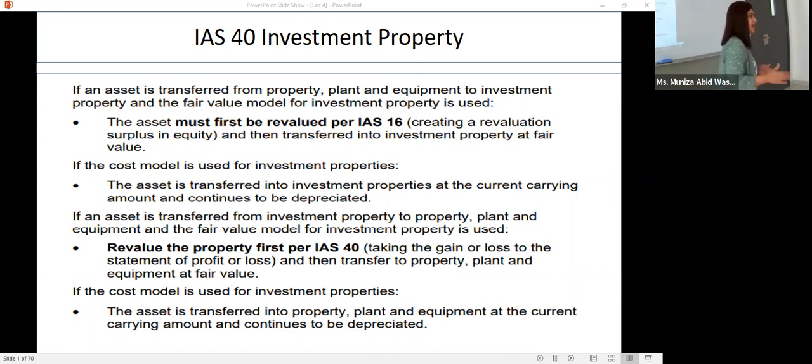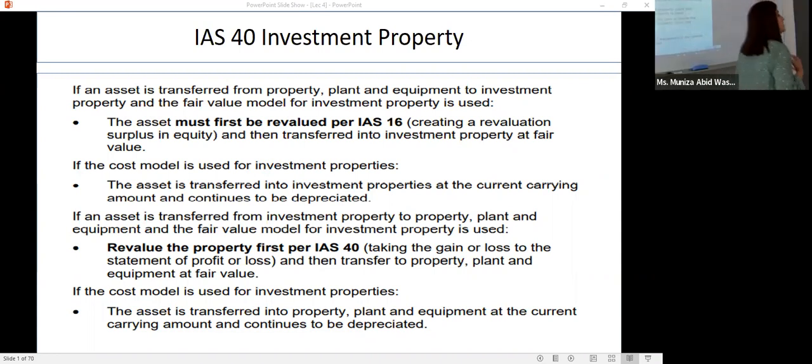So it's similar that initially we are going to measure the investment property at its cost. And under cost, what do we include? Purchase price plus all the costs which were necessary to bring the asset to its present location and condition. So initially, in the first year of the purchase, we are going to recognize the investment property in our statement of financial position at its cost.